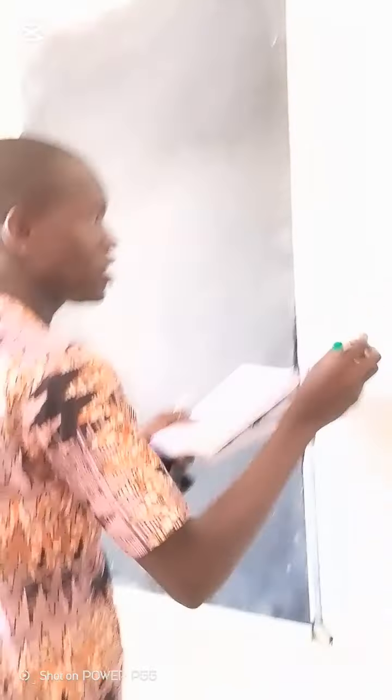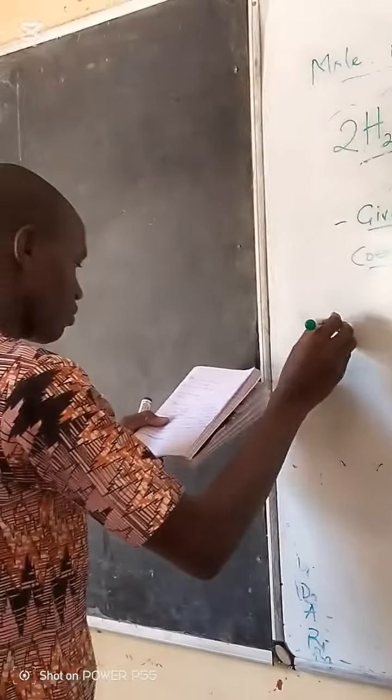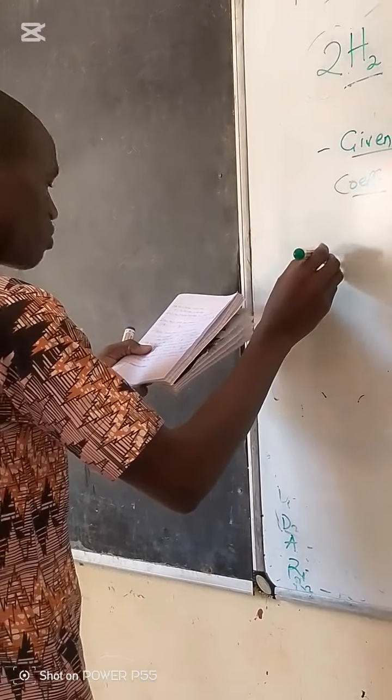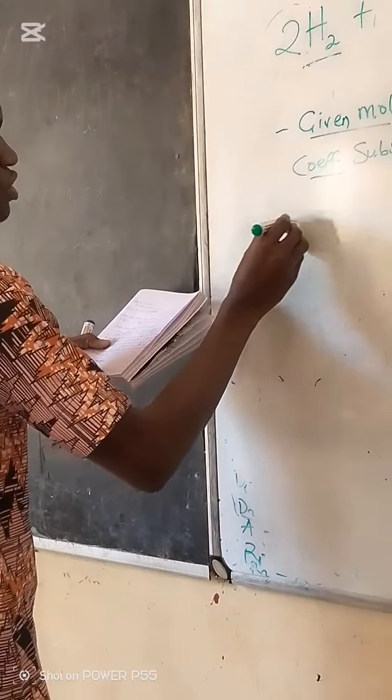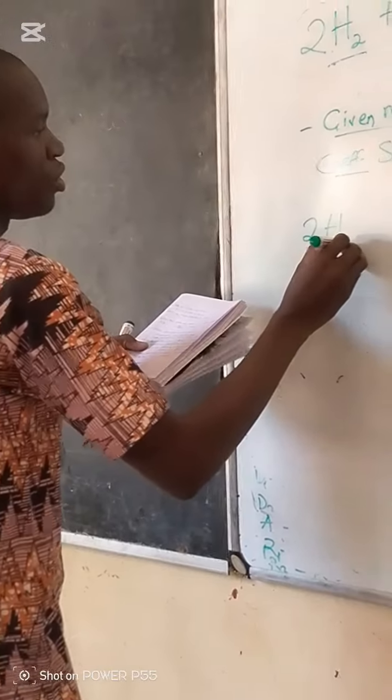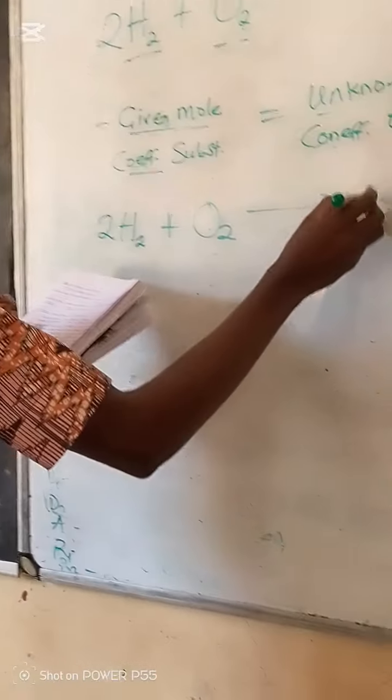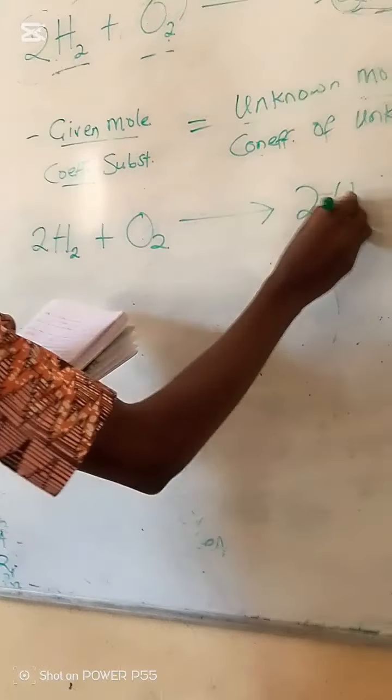The question says: in a reaction between hydrogen and oxygen to form water, the reaction is 2H2 + O2 → 2H2O, which is already balanced for us. In case it is not balanced, just know that you have to balance it before you start working. So this is what we have.